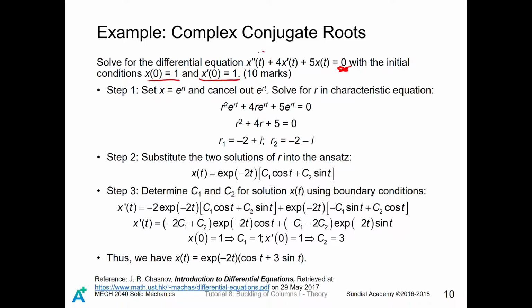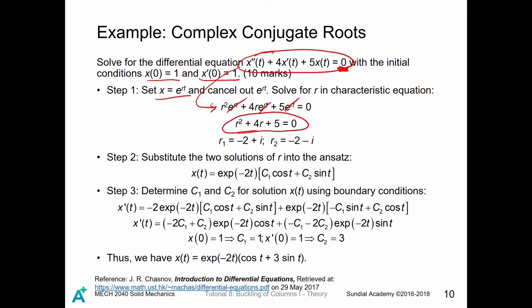To solve it, we set x equals e to the power rt. Then the whole equation becomes something like this. Then we cancel out all e to the power rt to get r squared plus 4r plus 5 equals 0.